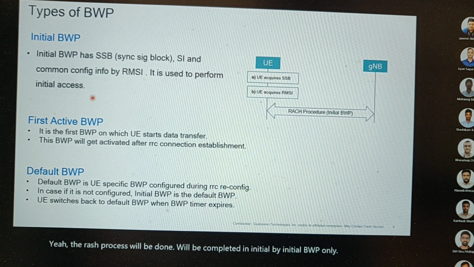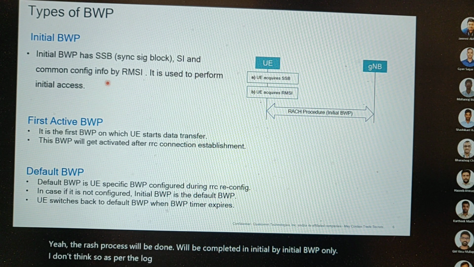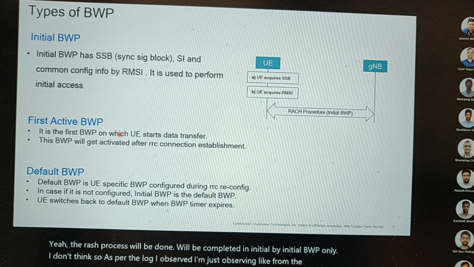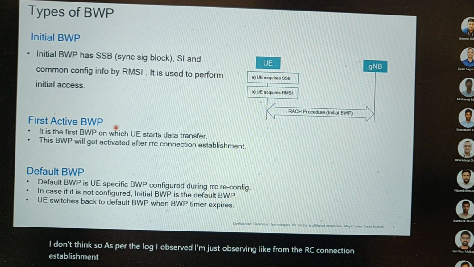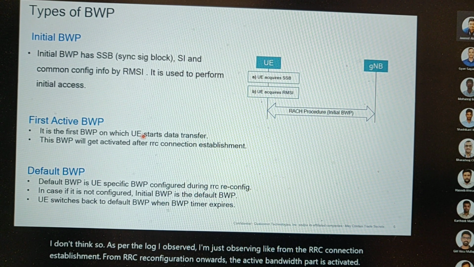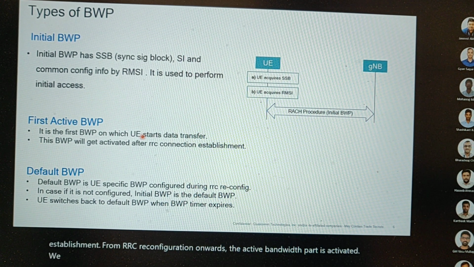I don't think so. As per the log I observed, from the RRC connection establishment or from RRC reconfiguration onwards, the active bandwidth part is activated. Okay, fine. I will check once again. We can check the logs again.